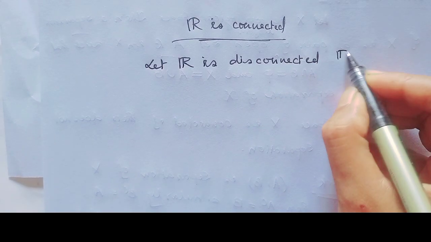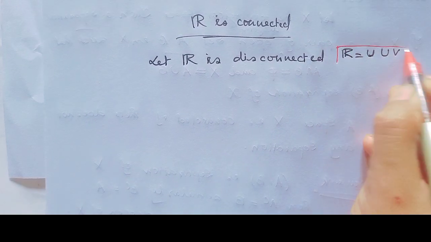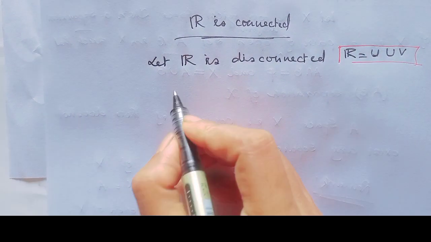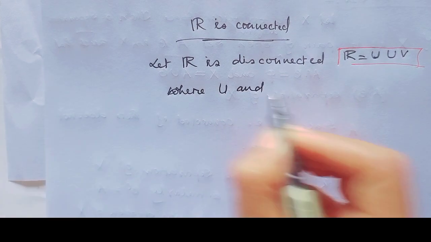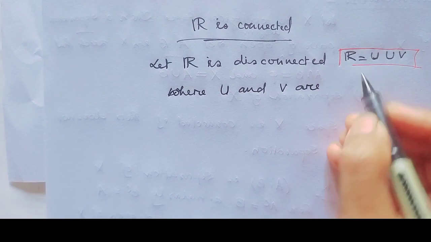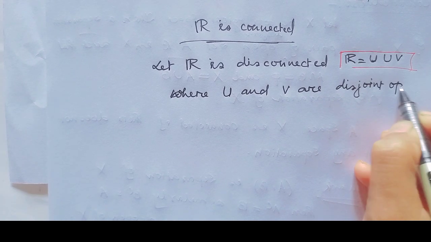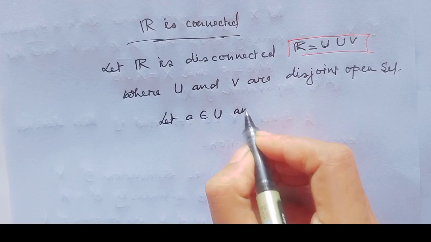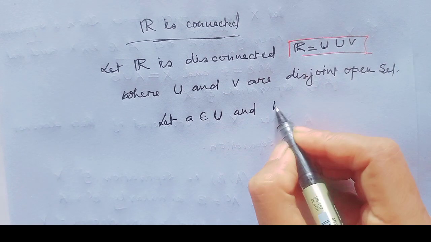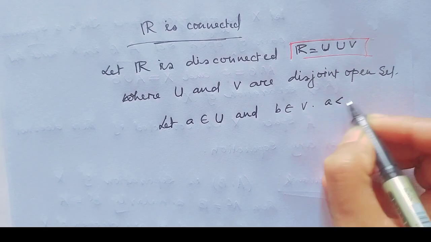Then R equals U union V, where U and V are disjoint open sets. Let a belong to U and b belong to V, and a less than b.